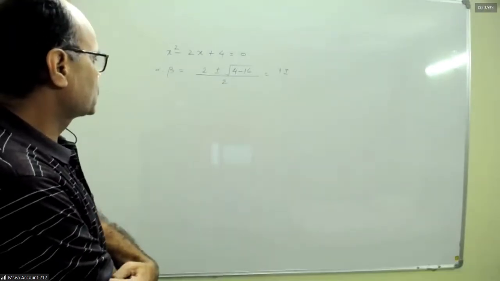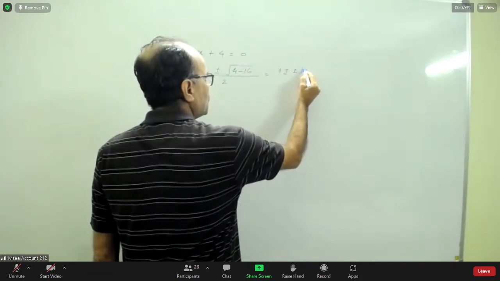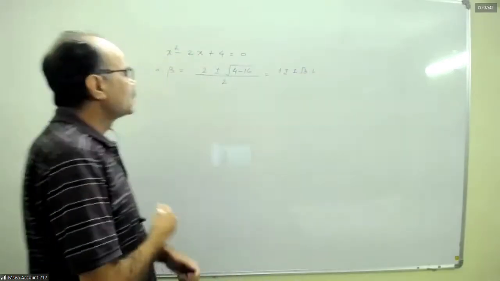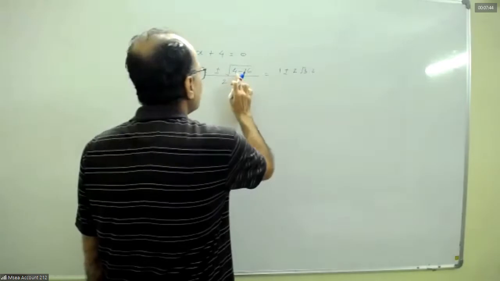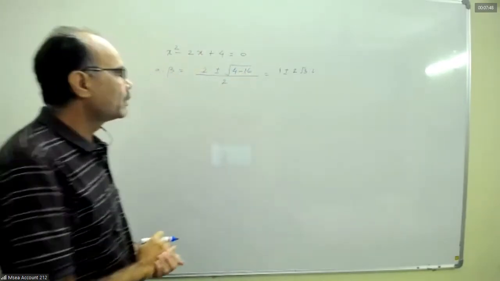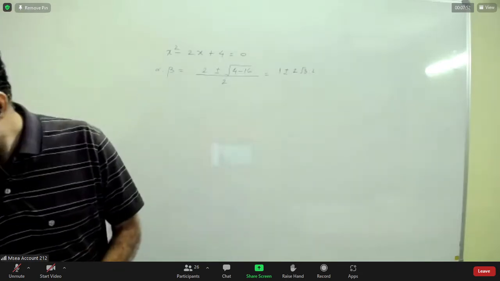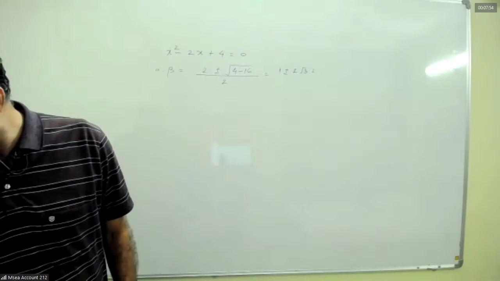One plus minus 2√3 i. Root of 4 outside, minus 12. Is it? x square minus 2x plus 4.